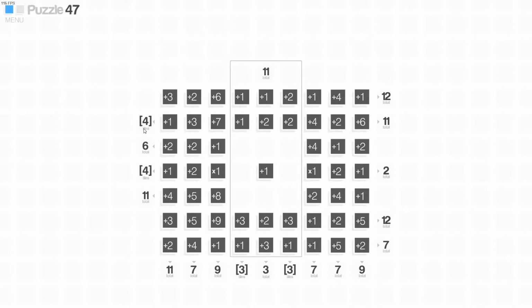The numbers in the brackets indicate that only that specific number of tiles in that row or that column can be highlighted. So right off the bat, we can look at this middle column here. Only 4 tiles are allowed to be highlighted, but the total of all the numbers can only be 2.